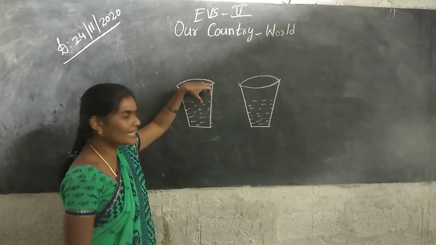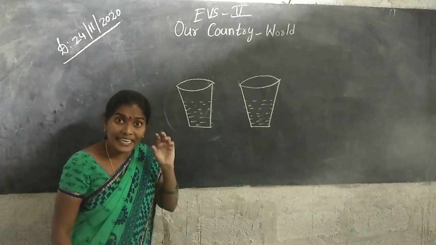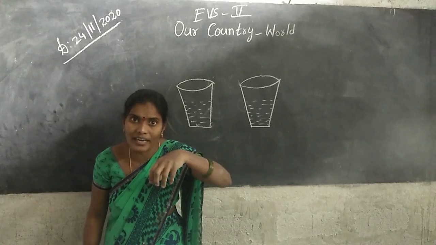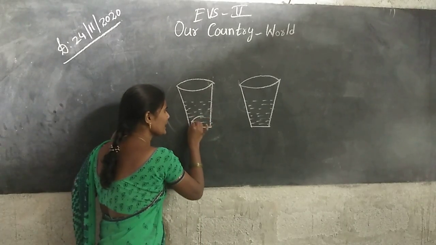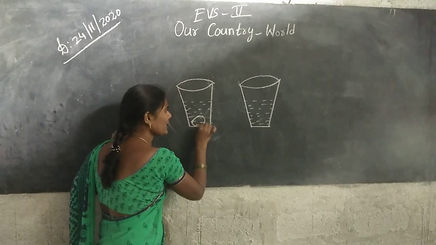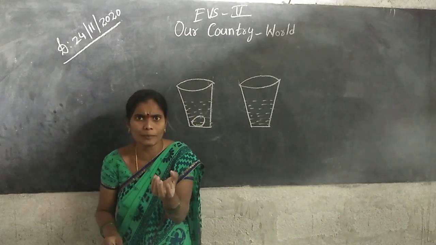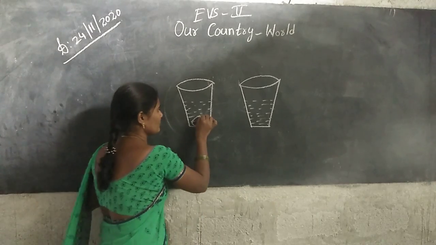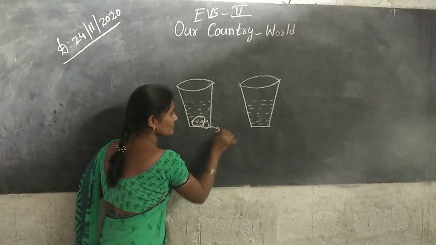Drop the egg into 1 tumbler. ఒక tumbler లో వేయాలి. It may dip now. మనం ఎగ్స్ వాటర్లో వేసి ఏమవుతారు? మునిగిపోతాయి, డిప్ అయిపోతాయి. The egg is dipped. Dip అయిపోయింది.